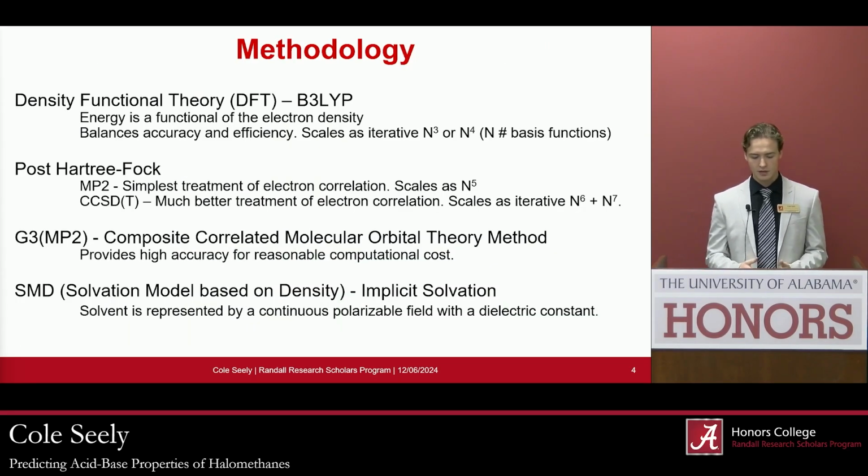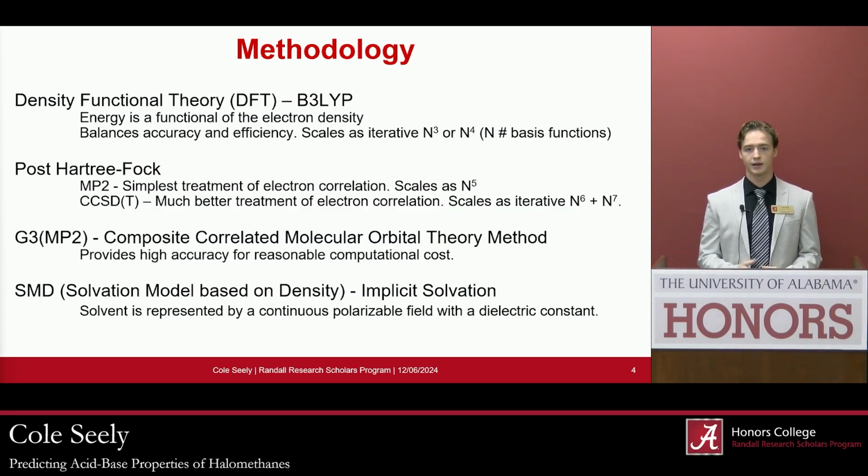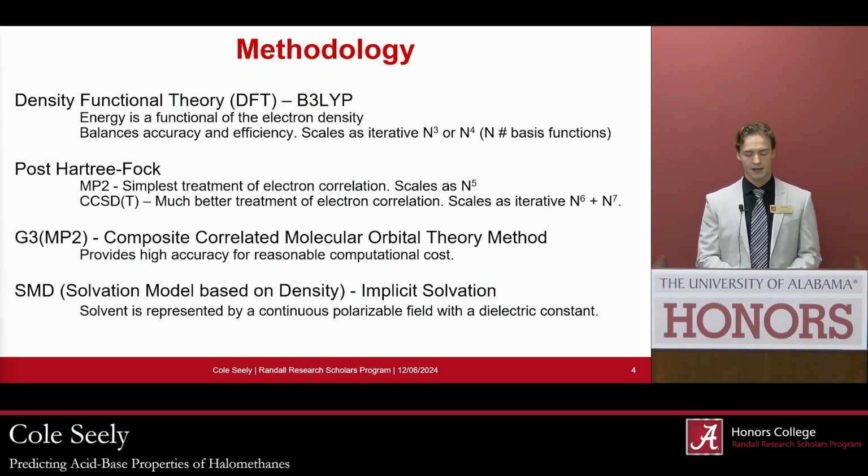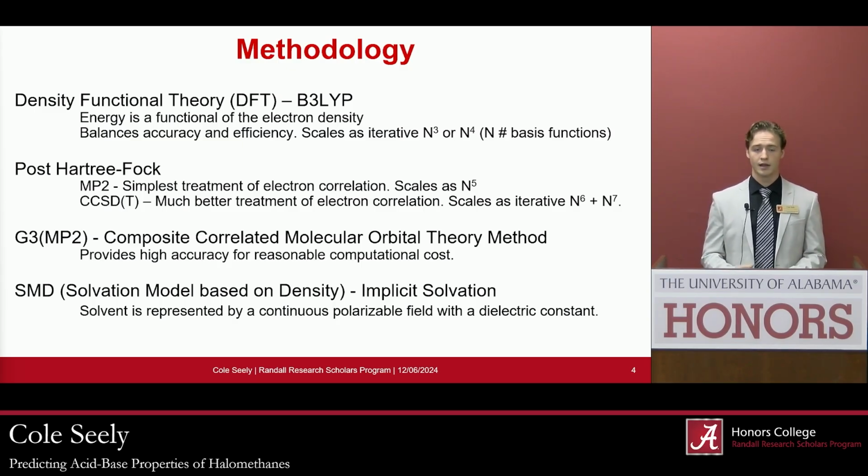So these are the methods that we used in our research. The first being density functional theory, and under that, B3LYP. DFT describes the energy as a function of an electron density cloud, and it tries to balance accuracy with efficiency, with the computational requirements scaling as iterative n to the third or n to the fourth, where n is the number of basis functions.